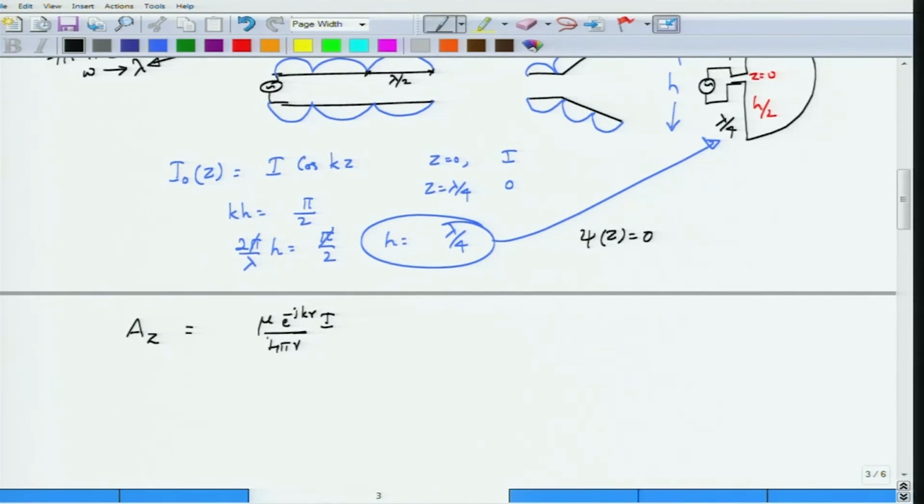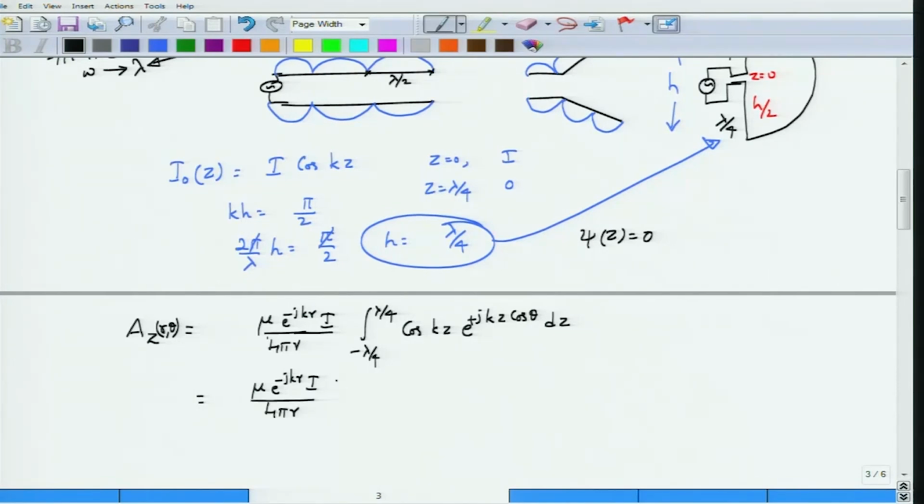The current value I is constant, therefore, I can pull this out of the integral, and you have minus lambda by 4 to lambda by 4, which is the length of the antenna that I am considering, cos kz, this is the current distribution, e power minus j, that phase factor has gone. So, you have e power j kz cos theta dz. Clearly this Az is a function both of r as well as theta. You can evaluate this integral, I am not going to do this evaluation, but this is tedious and straightforward integration, divided by 4 pi r.